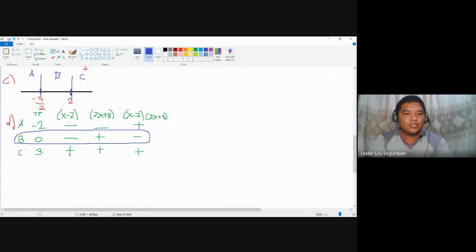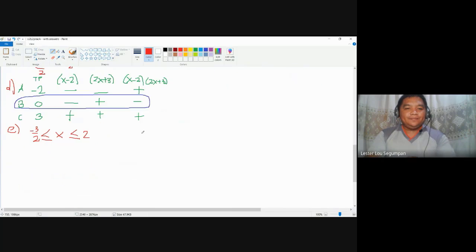So your decision, letter E, all the values between this area here. So you have here negative 3 halves, equal sign, 2, because we have here the equal sign.